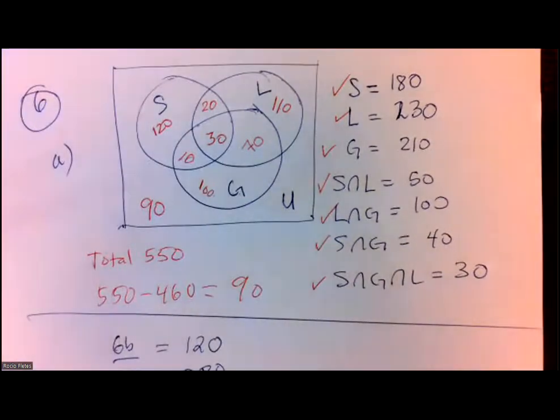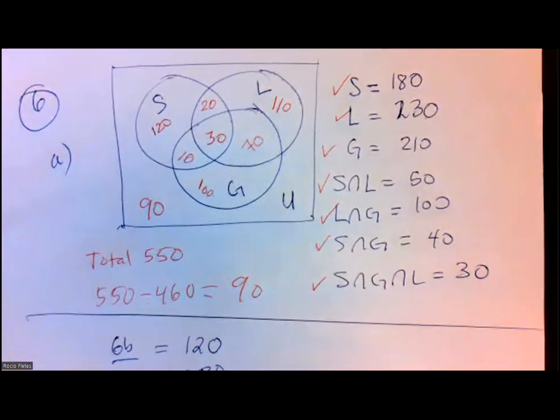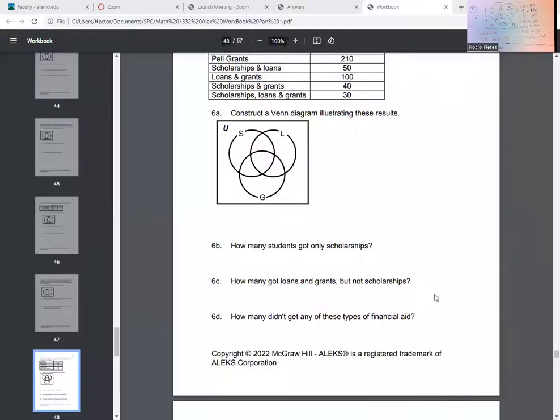So let's go ahead and share my screen here. So how many people got loans and grants, but not scholarships? So that's 6C.